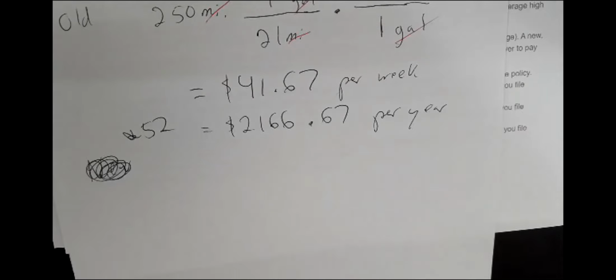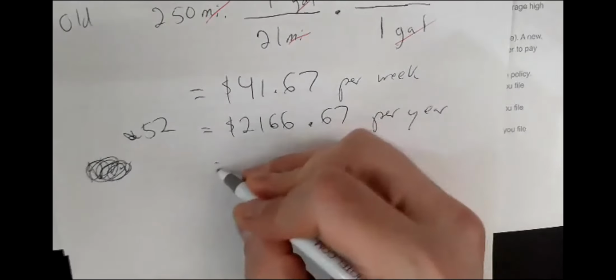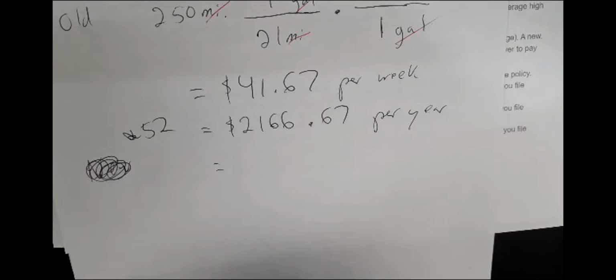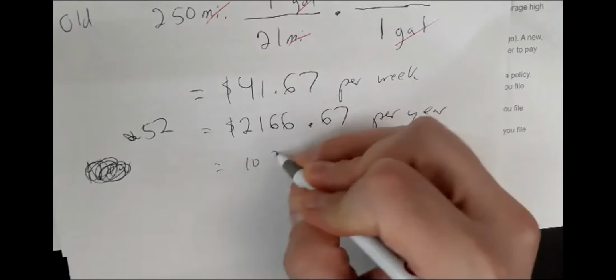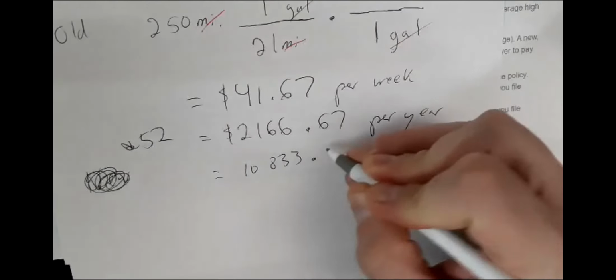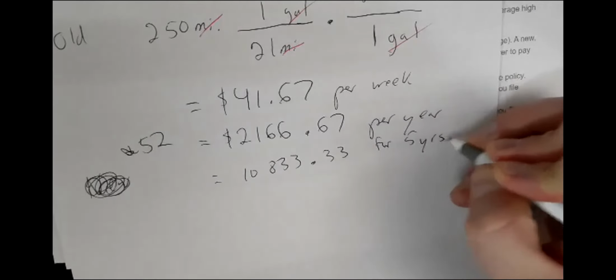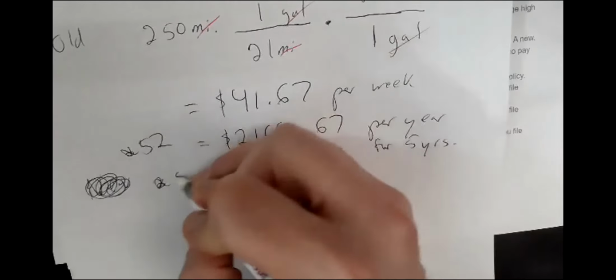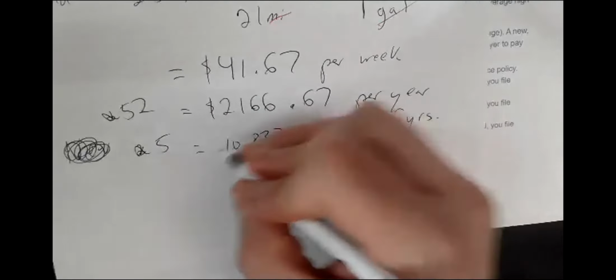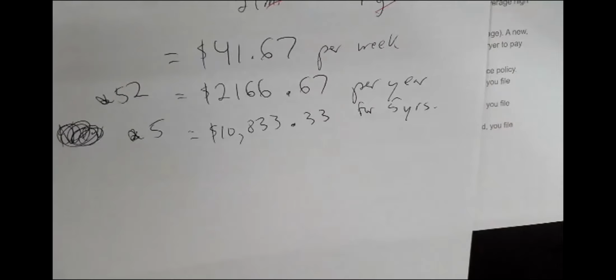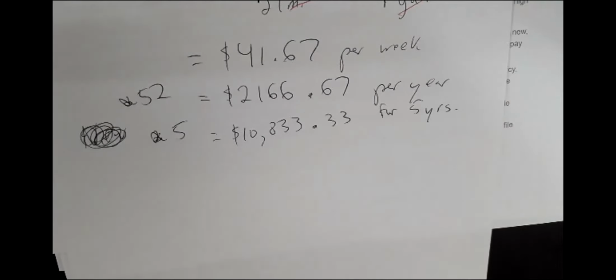And then multiply this by 5 to get 10,833.33. So I could do this with unit analysis. I know I'm going probably a little quicker, just multiplying by the conversion factor.